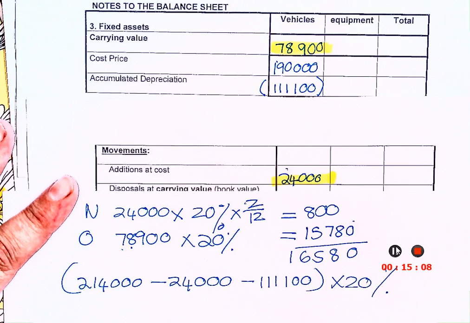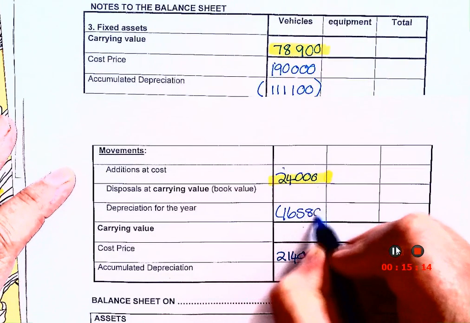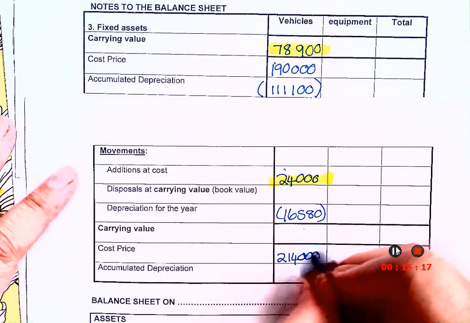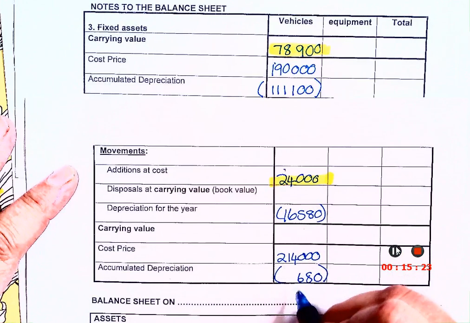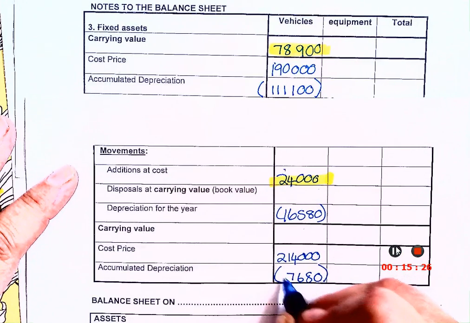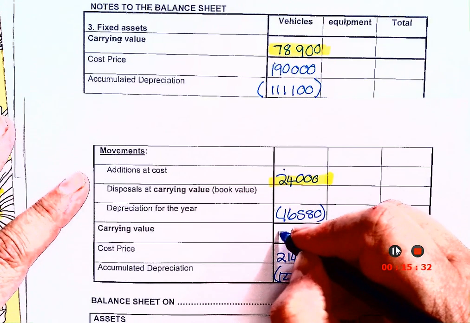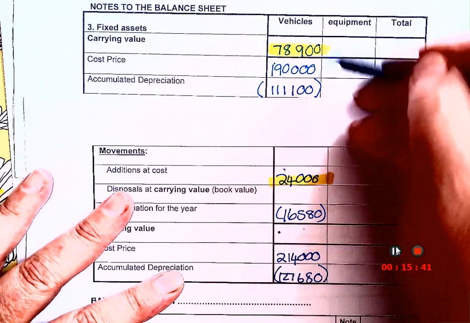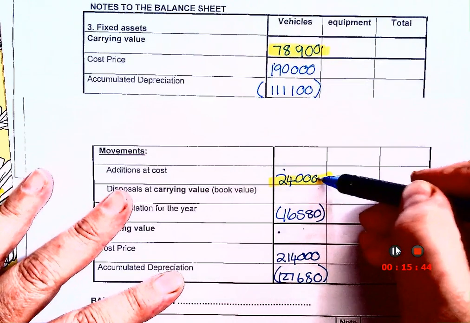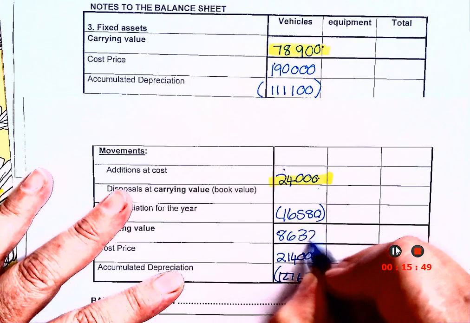So my depreciation is 16,580. What's my carry value now? You take the carry value plus, minus 350.